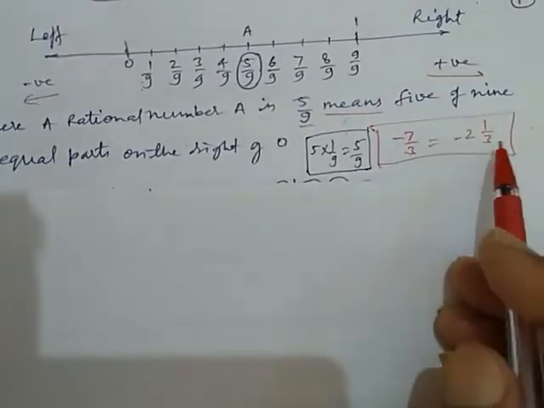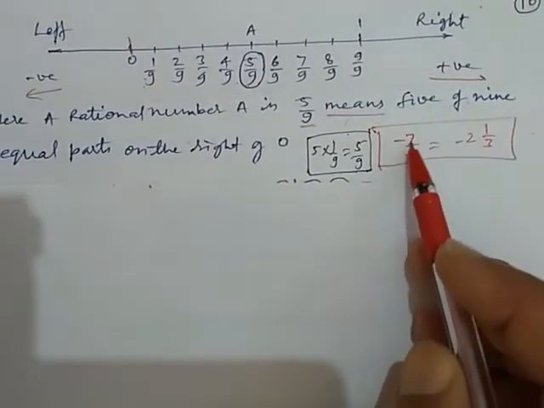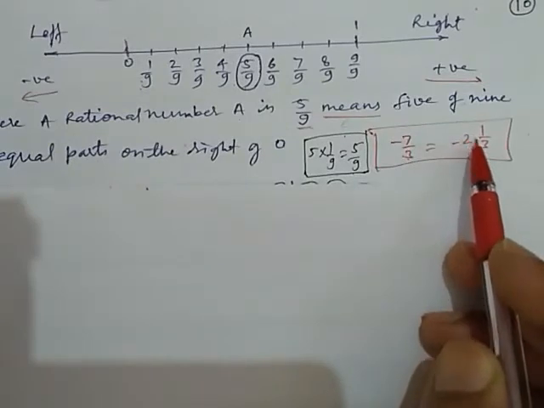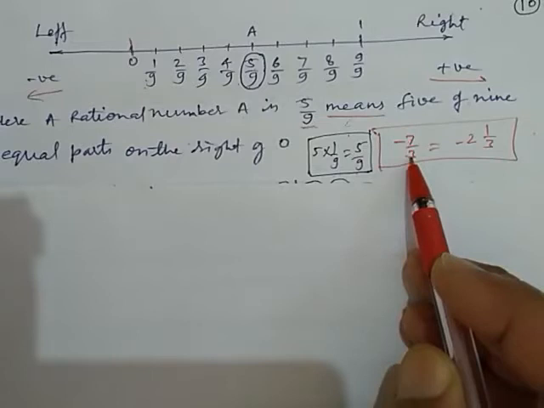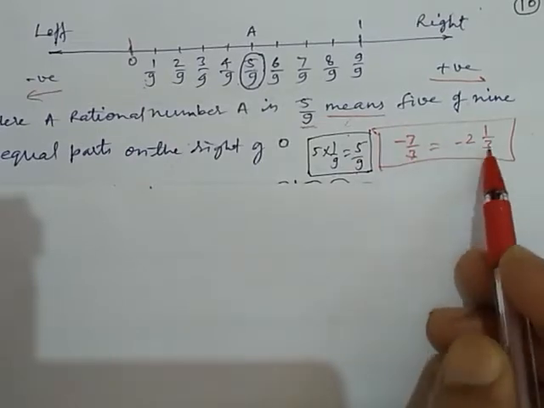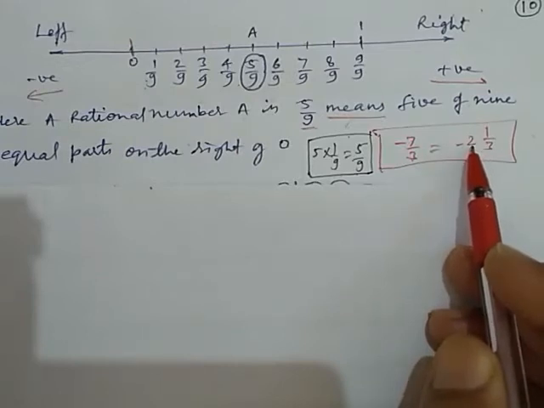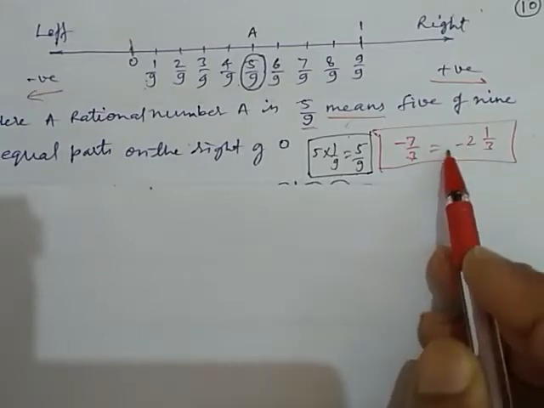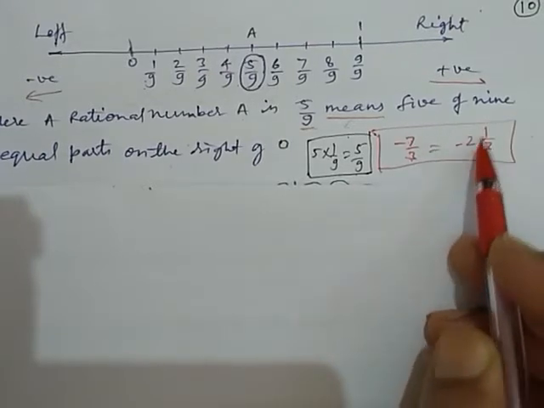So we have to proceed directly: we first change this number into a mixed fraction. By dividing 7 by 3 we get 2 and 1 by 3, and the sign is negative. So first we take 2 units and then 1 part of the 1 by 3.